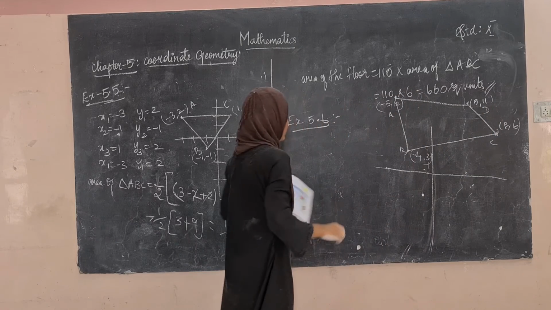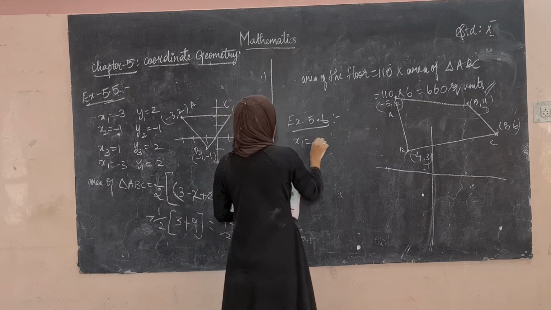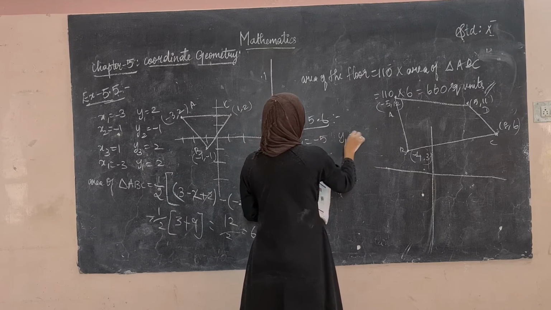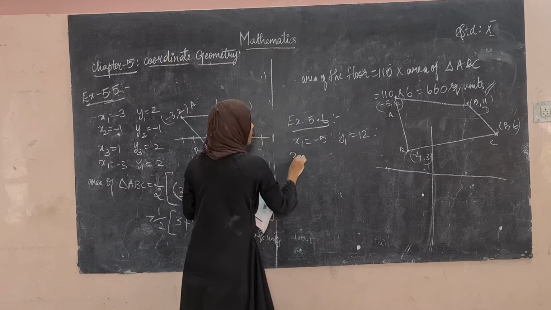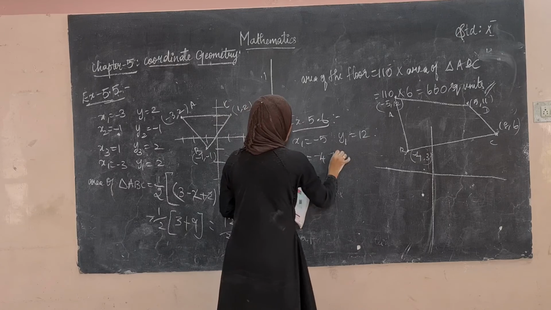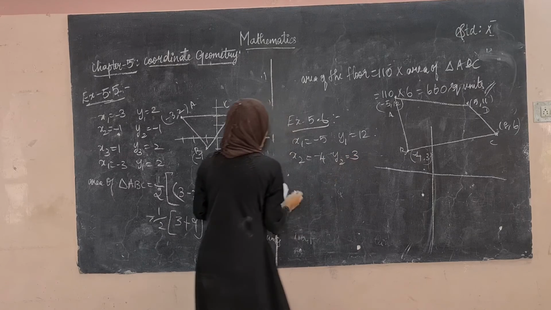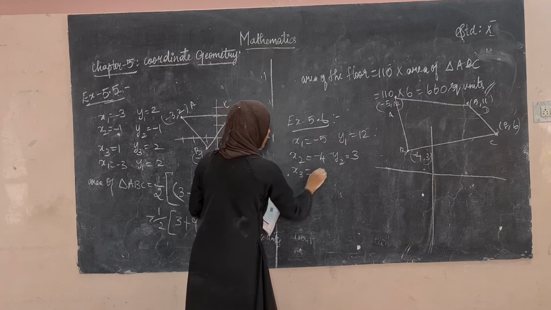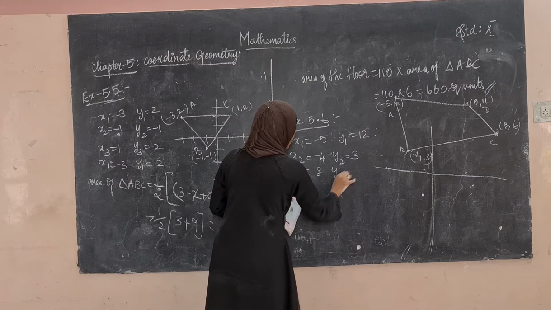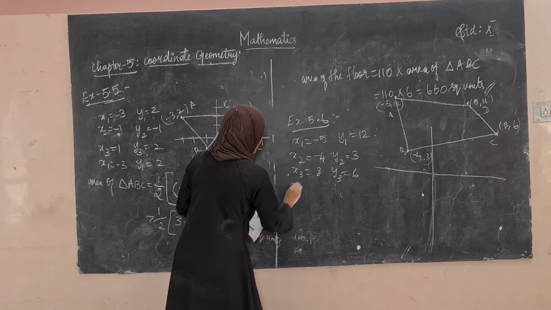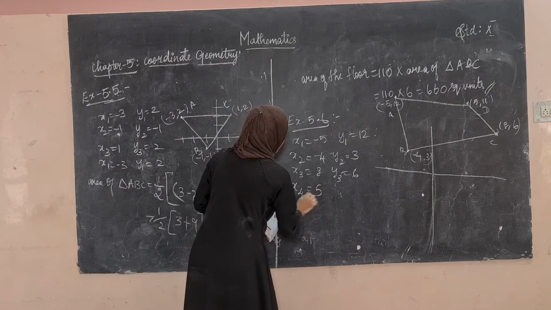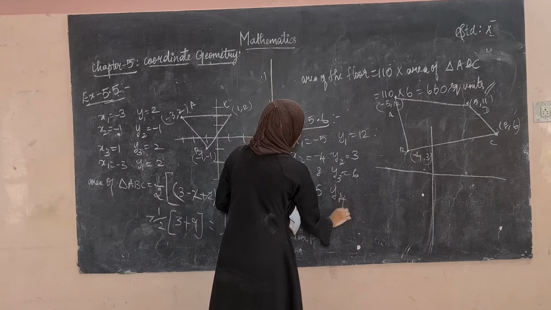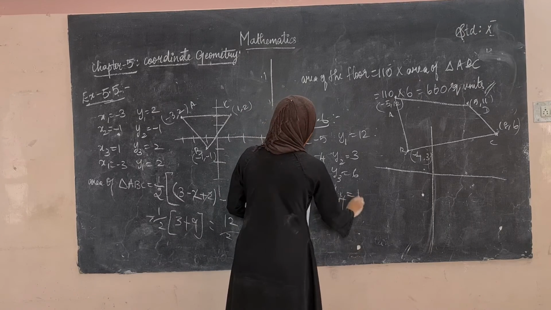What is x1, y1? So x1 is minus 5, y1 is 12, x2 is minus 4, y2 is 3, x3 is 8, y3 is 6, and then x4 is 5, y4 is 11.